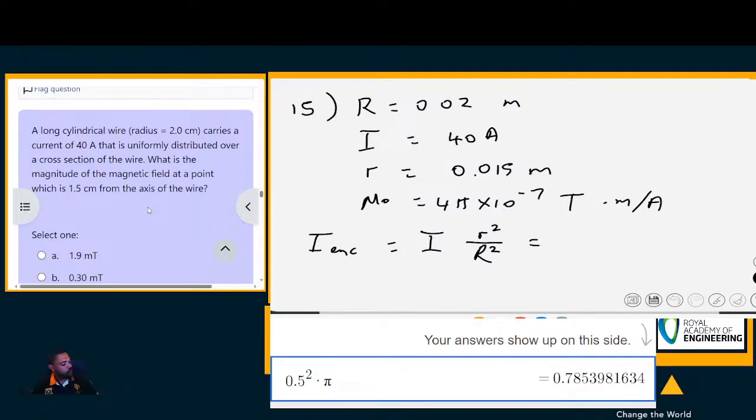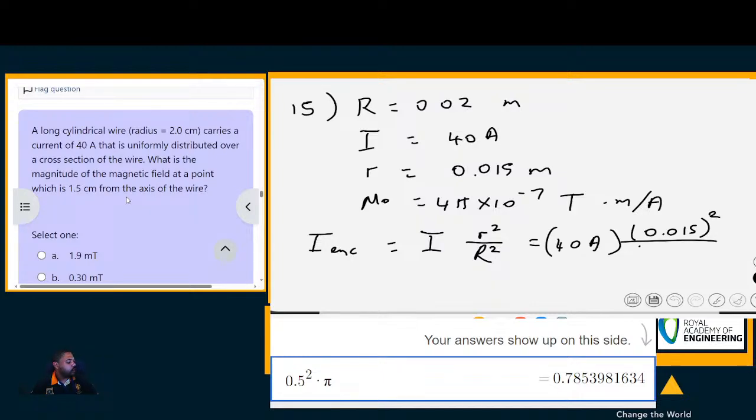Okay, so that is equal to 40 amperes multiplied by small r, 0.015, which is the radius, a section 1.5 centimeters from the axis, and it's squared.